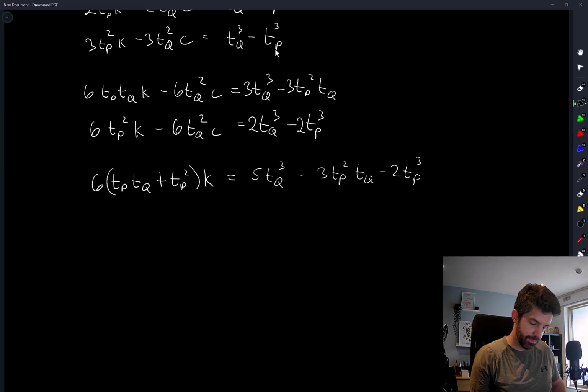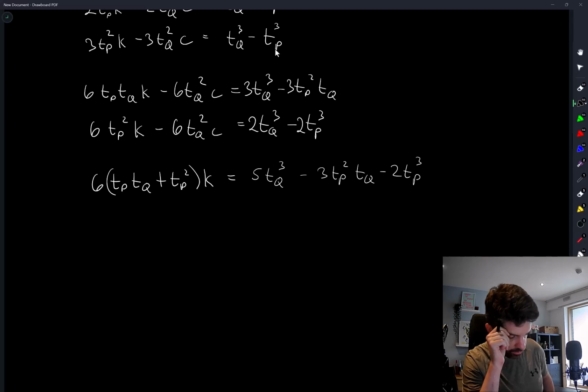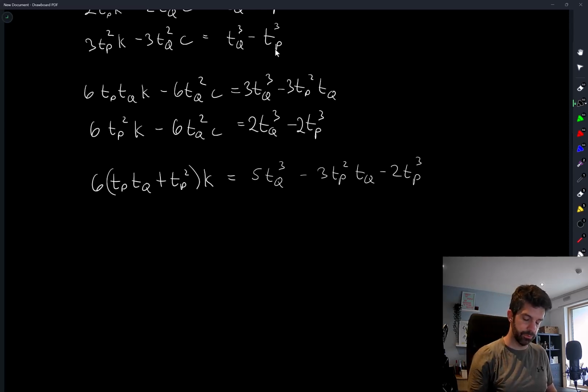Essentially the same thing we had before, because we know that the relationship between TP and TQ is their reciprocals.